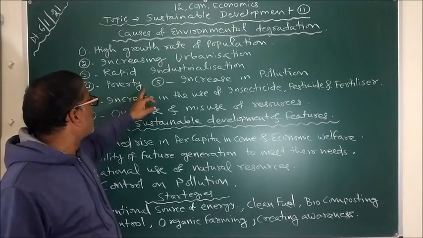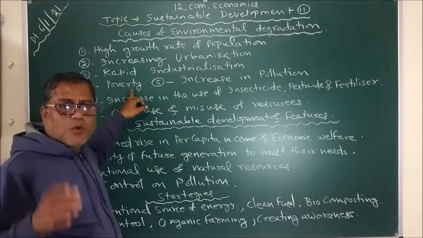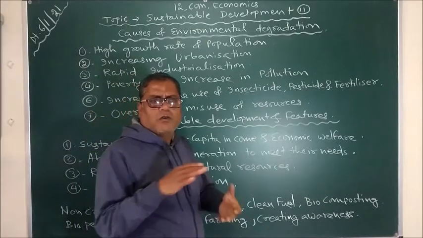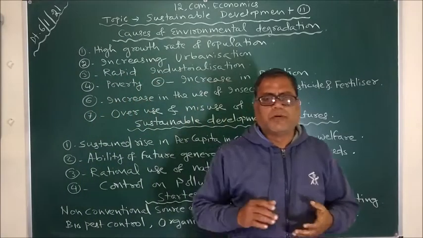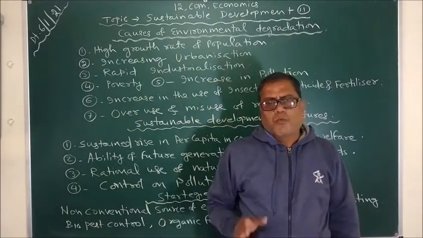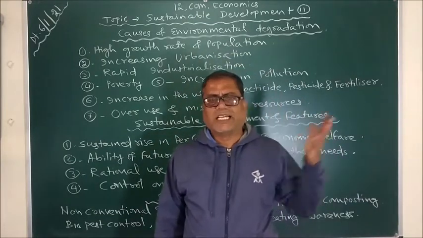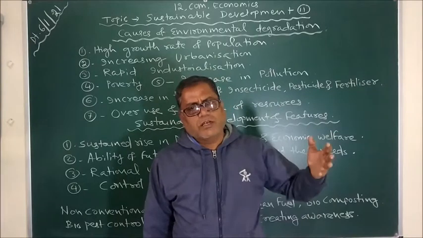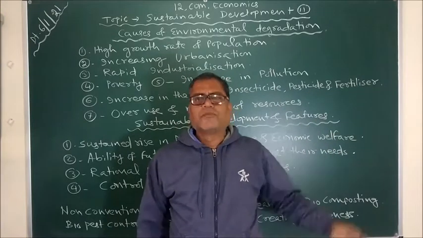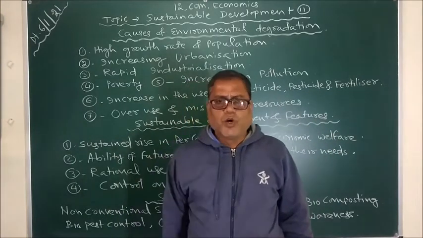After rapid industrialization, the next is poverty. It is indirectly related to environmental degradation. Why are people poor? Because they don't have skills, they don't have education, and that's why they are poor.